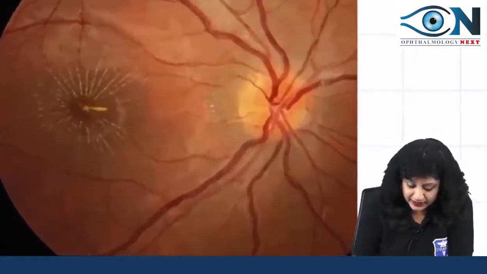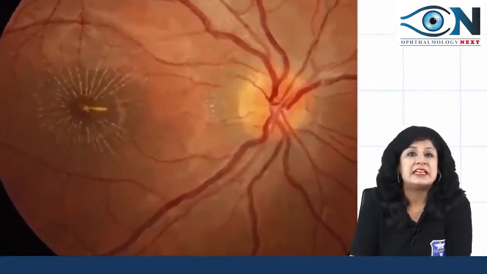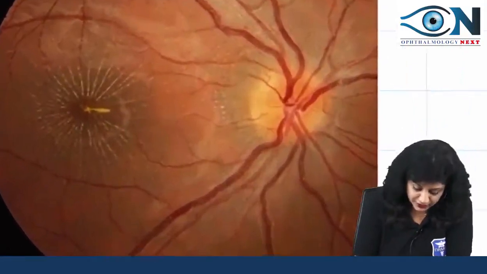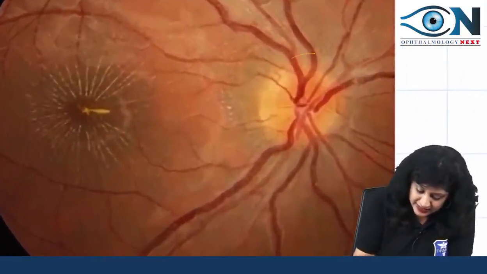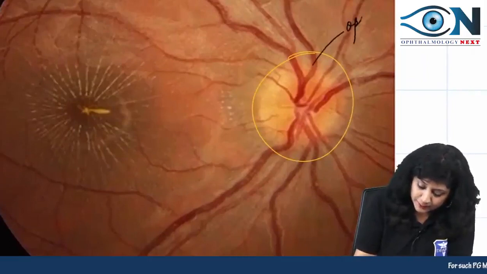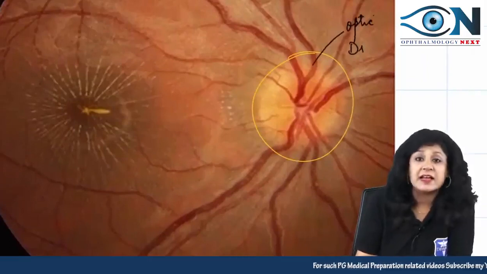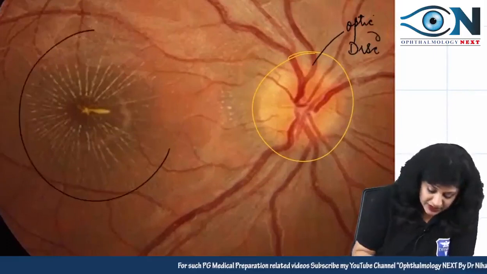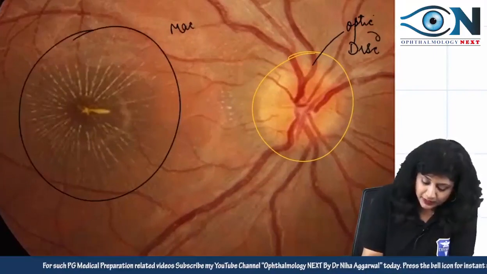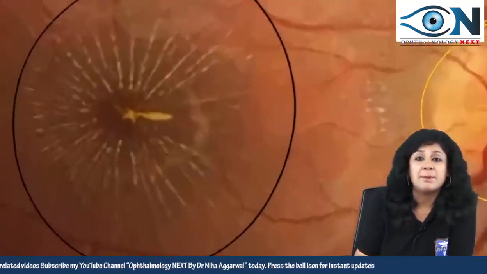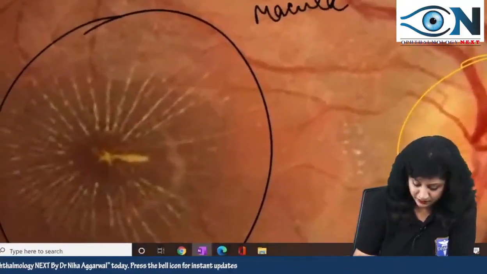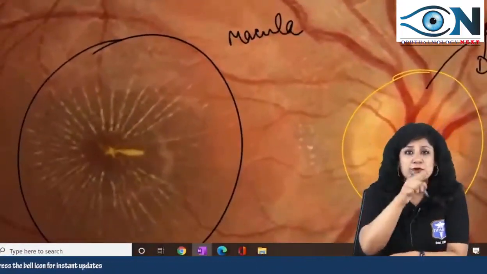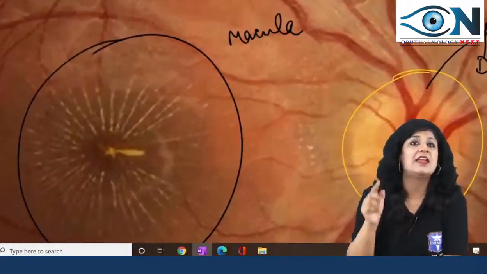One important thing that you can also get in hypertensive retinopathy: can you see this area is your optic disc, right? Towards the temporal side, this area will be the macula. Now, can you see the puckered appearance of the macula here? We are having a puckered appearance, or a fan-like appearance, or a star-like appearance.